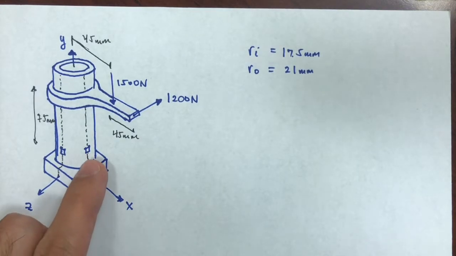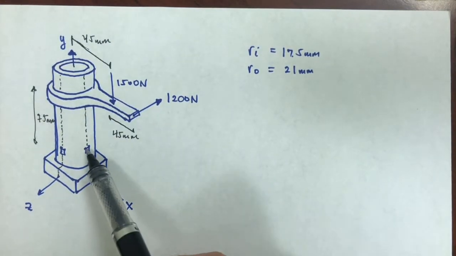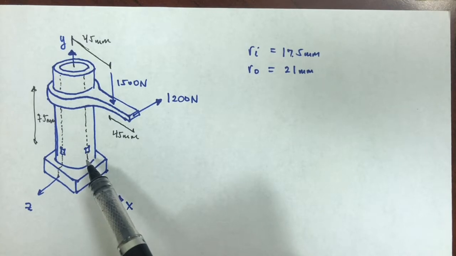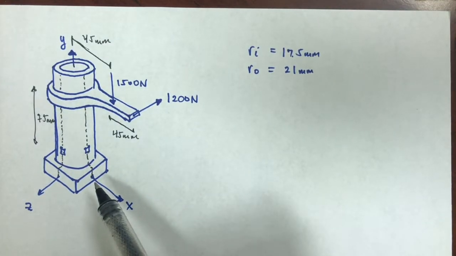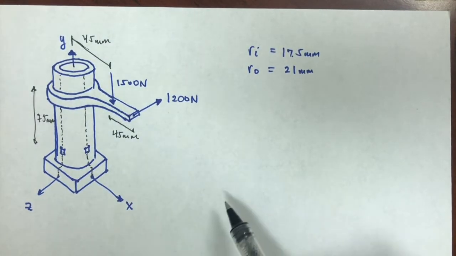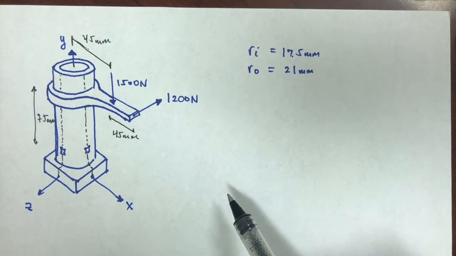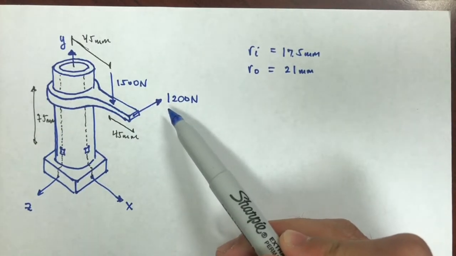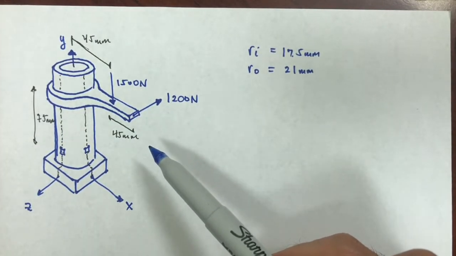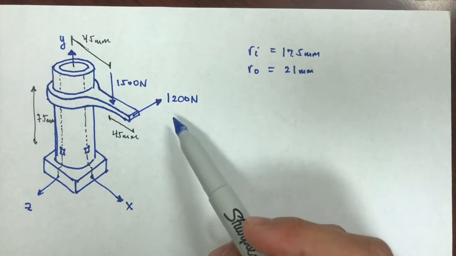So what we're going to do is find what kind of stresses are found in both A and B. Then with the shearing and the normal stresses, we're going to use those to create a Mohr circle and calculate the principal stresses so that we can compare those to the properties of the material. We're not going to do that up to that point, but we'll do a Mohr circle and come up with the principal stresses.